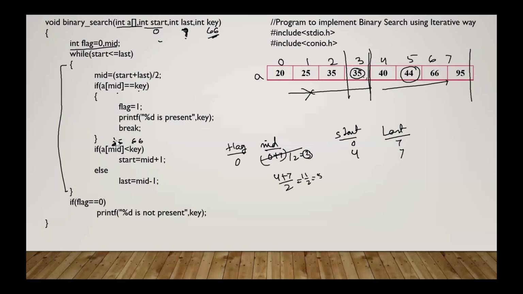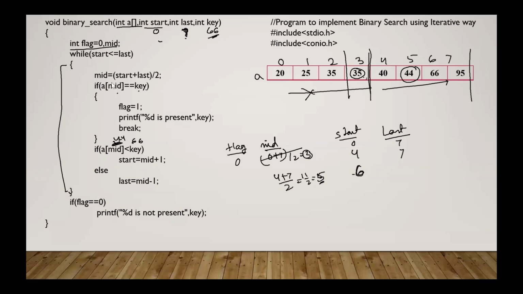Then what happened? A[mid] is right now 44. 44 is less than key? Yes. If it is true, then start equals mid plus 1. What is mid? 5. 5 plus 1 means 6. Go to the start of the loop: start is 6. Is 6 less than or equal to last, which is 7?